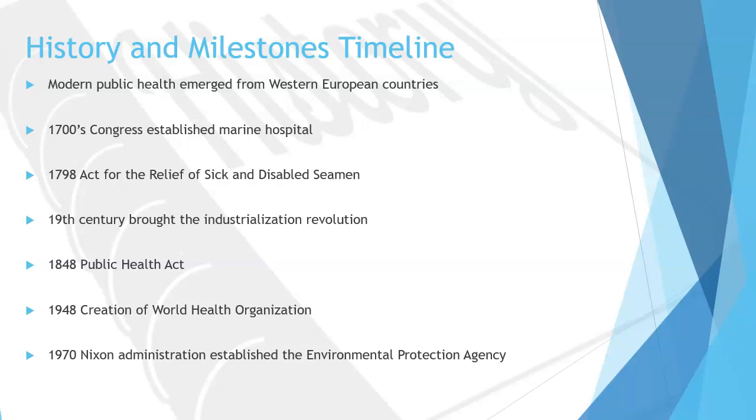In 1948, the World Health Organization was developed in France to further international cooperation for improved public health conditions. In 1970, the Nixon administration established the Environmental Protection Agency, which safeguards air, water, and land for the public.